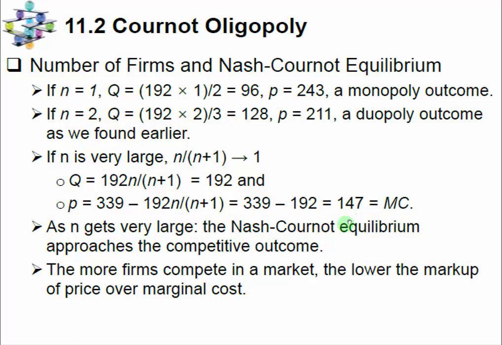The market price equals the marginal cost for all the firms in this market. So what we have learned from this Cournot analysis is that when more firms compete in the market, the markup the firms can charge will be lower and the price goes towards the marginal cost.